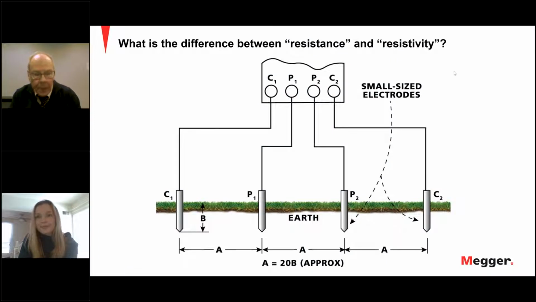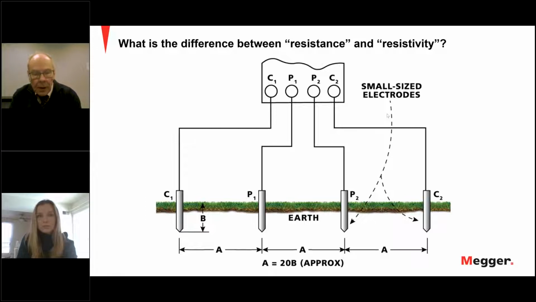Okay, another fundamental question that looks like a no-brainer, but it's not. Especially if you're dealing with any third parties, you want to make sure that you're talking the same language, and you want to know that there's a critical difference between resistance and resistivity, although they sound so similar.